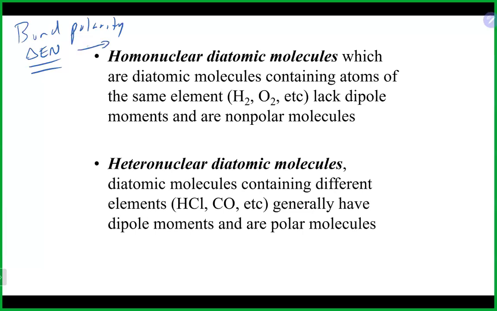And we're able to draw those little bond dipole arrows if it was polar. And molecular polarity will be the same. So for example, if I have H2, the bond here between the two hydrogens, is it polar or nonpolar?